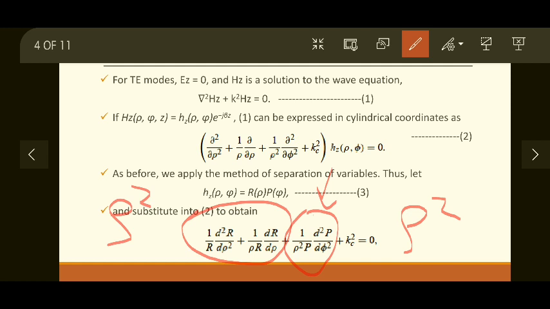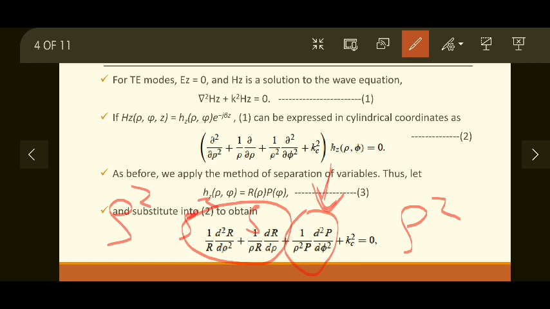But rho square into this term will give you rho square in the numerator and rho in the numerator for the second term of this equation, and this 1 upon rho square will get cancelled, so that this term will comprise solely of only phi square.